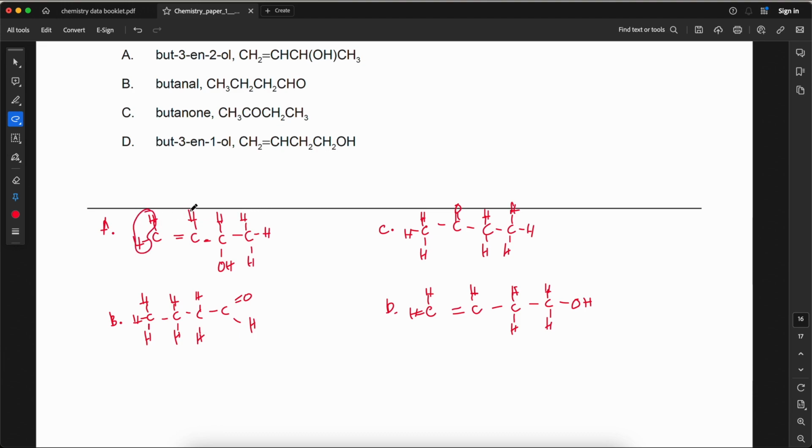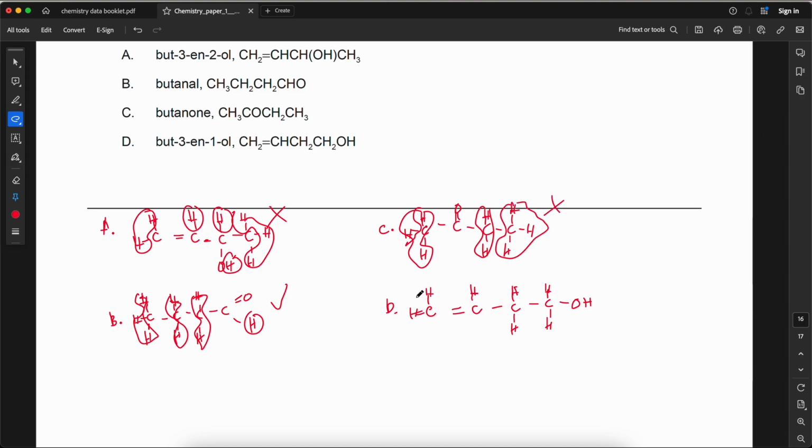This is 1, 2, 3, 4, 5. No. For B, 1, 2, 3, 4. For C, 1, 2, 3. No. For D, 1, 2, 3, 4, 5. The answer is B.